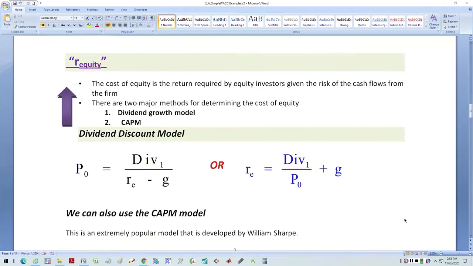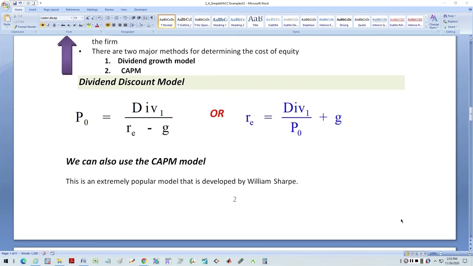So the cost of equity. The cost of equity is the return required by equity investors given the risk of the cash flows from the firm. There are two major methods for determining the cost of equity: the dividend growth model and the capital asset pricing model. The dividend discount model, or the DDM, looks like this.